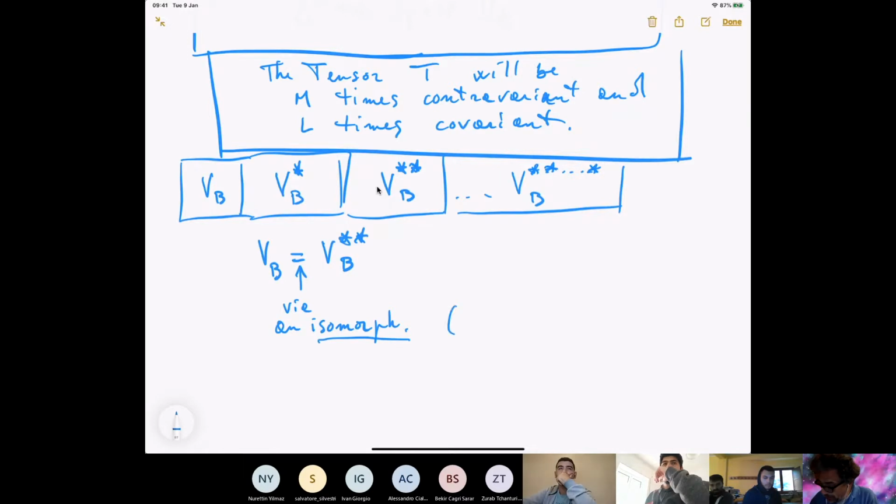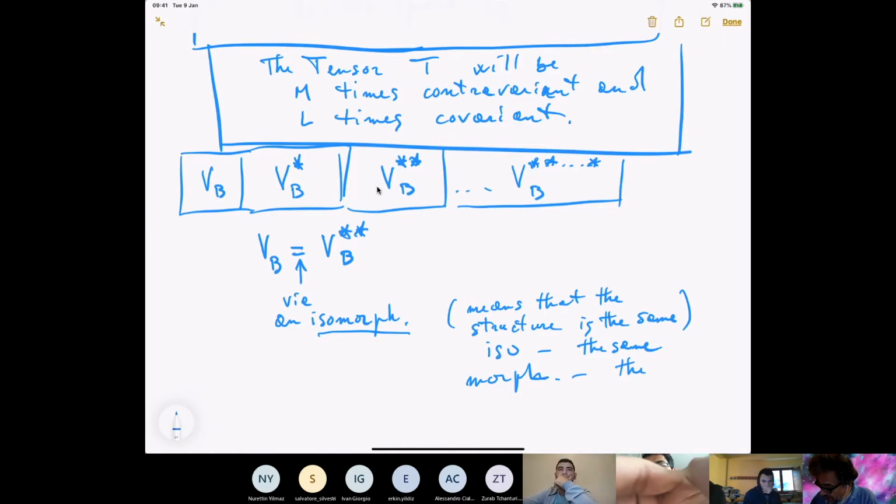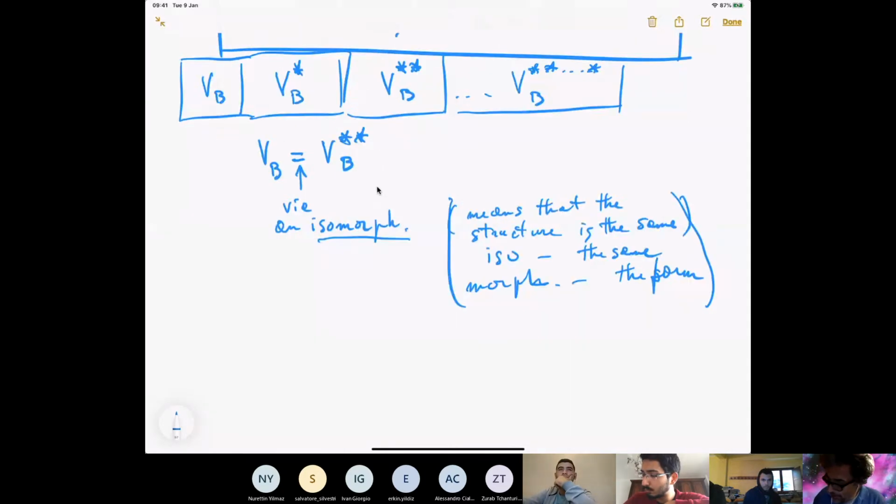The isomorphism means that the structure is the same. In this case, because iso means in Greek the same, and morphism, morphe in Greek means the shape, the form. Okay. So there is the same form of the two vector spaces.